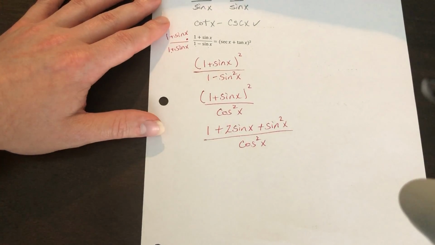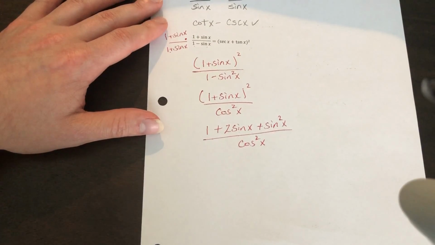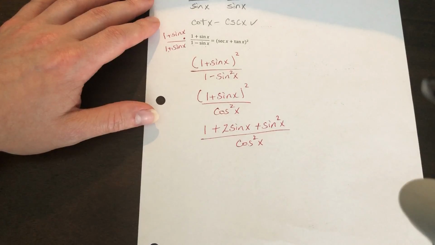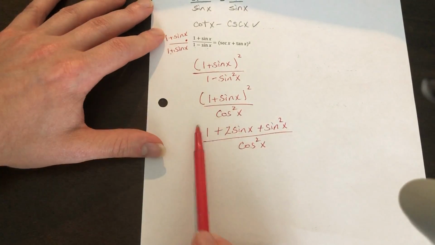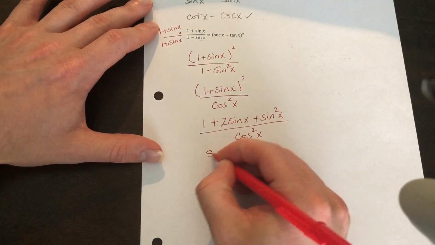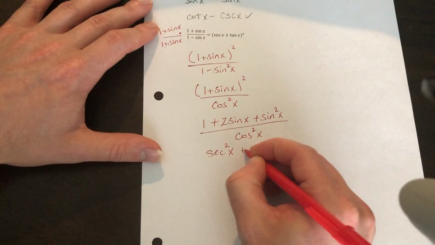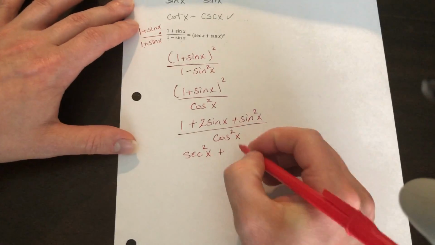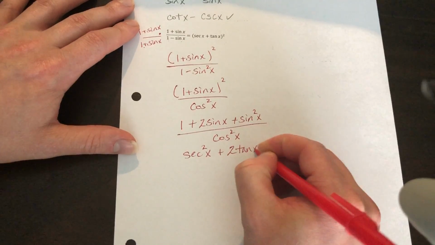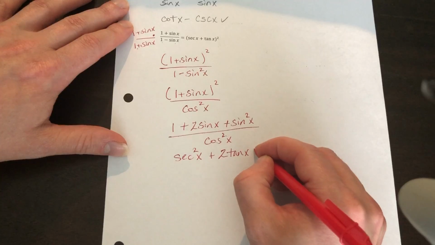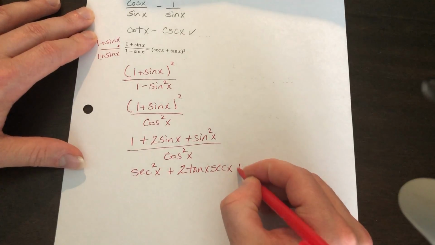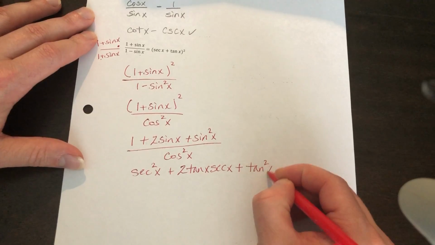Now we are going to split this fraction up, mentally. So 1 over cosine squared is secant squared x. A sine over cosine is going to give you a tangent. And you're left with 1 cosine on the bottom, so it's going to be secant of x. Sine squared over cosine squared is tangent squared.